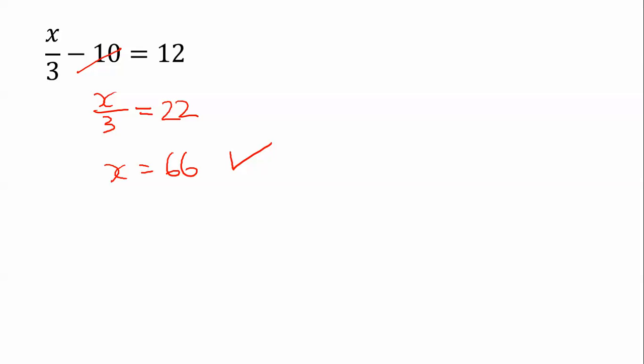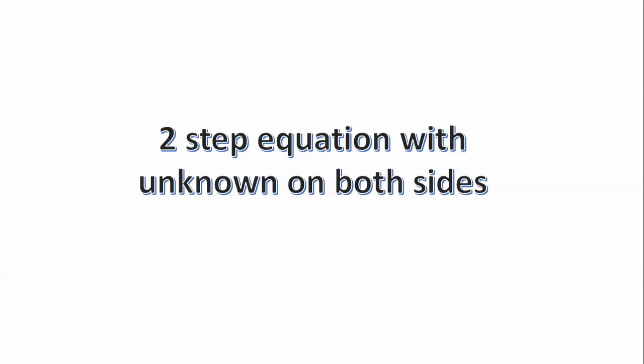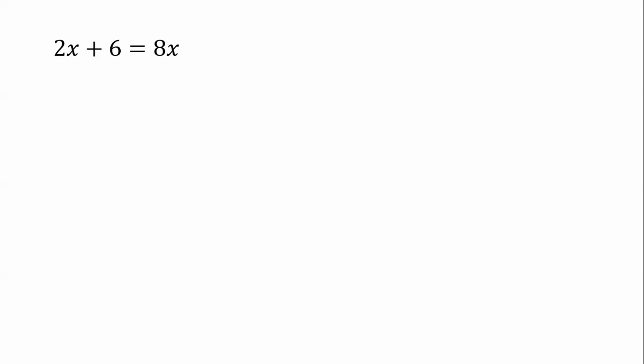This is a two. And this, we actually accidentally had one of these a minute ago, is an unknown on both sides. So I've got 2x plus 6 equals 8x. So what I'm going to do, because I've got x's on both sides, is I'm going to take away 2x. So 2x minus 2x plus 6 equals 8x minus 2x.